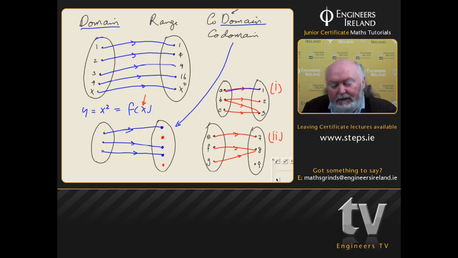Now the difference is, in this case 1, B, this lad, has found that it can map to two numbers on the other side, 2 and 3.